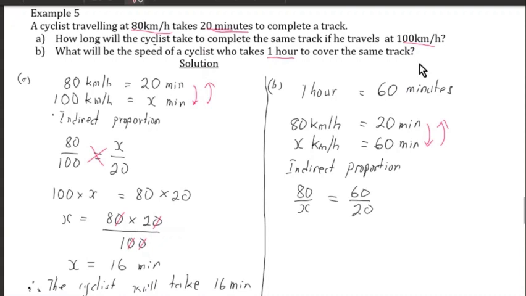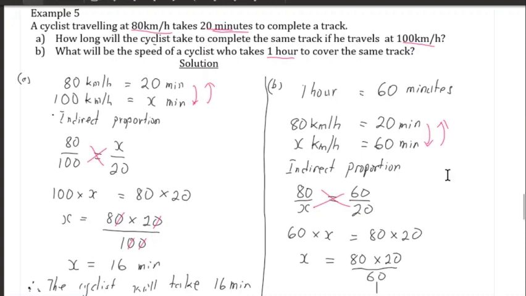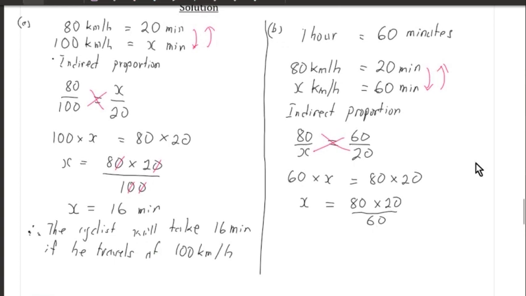Now I can do the cross multiplication. I'll get 60 times x is equal to 80 times 20. When I divide both sides by 60, I'll get x to be equal to 80 times 20 all over 60. So I can cancel this 0.